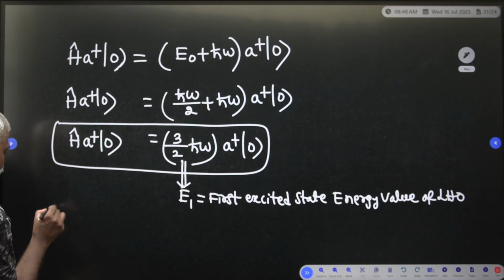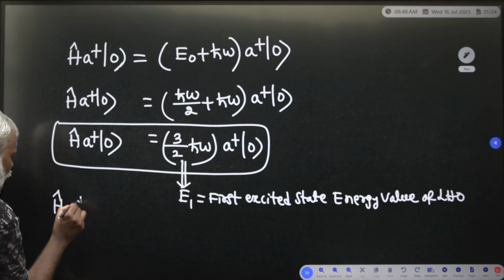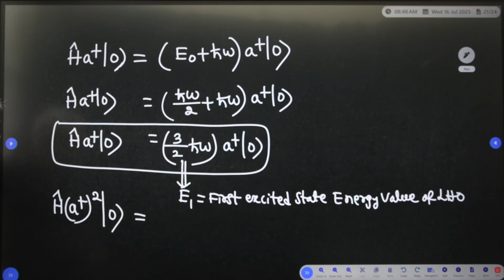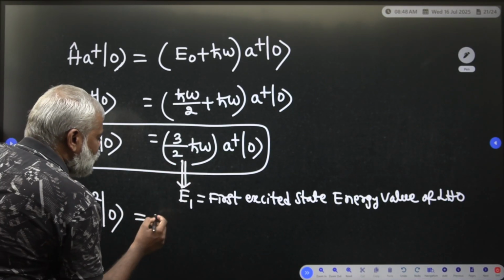Similarly, you apply H cap, A dagger, one more time on the ground state wave function.